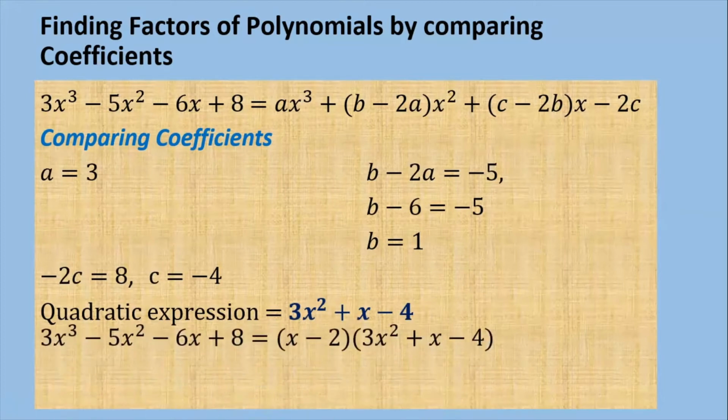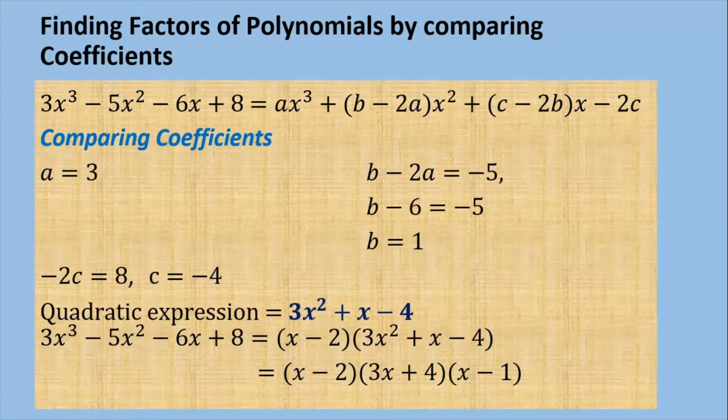Therefore, we can rewrite 3x cubed minus 5x squared minus 6x plus 8 as x minus 2, which you were given was the linear factor, times the quadratic expression which you just got. That is 3x squared plus x minus 4, and then you factorize it, you will get (x minus 2)(3x plus 4)(x minus 1).